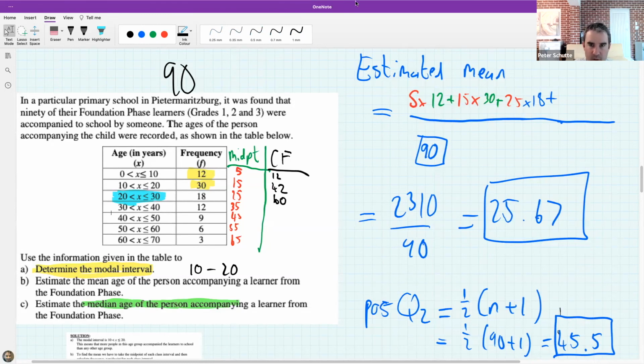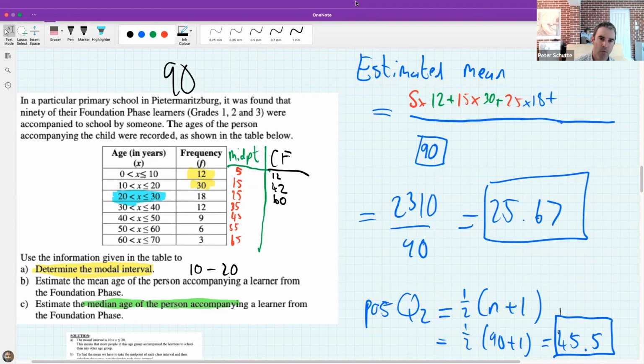Okay, so as we think about today, we can see there's different techniques that we use for calculating different central measures. The modal interval is actually quite easy. It's just the one that occurs the most often. If you have to set up a table, maybe it takes a bit of time, but really not hard. The estimated mean probably requires the most work.